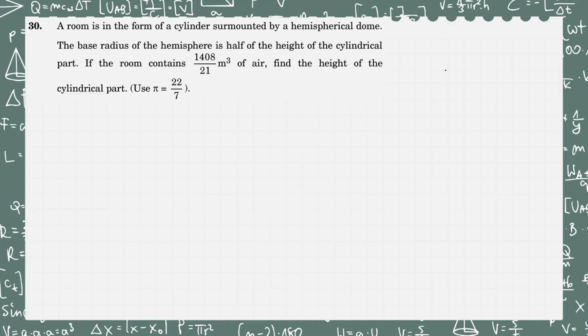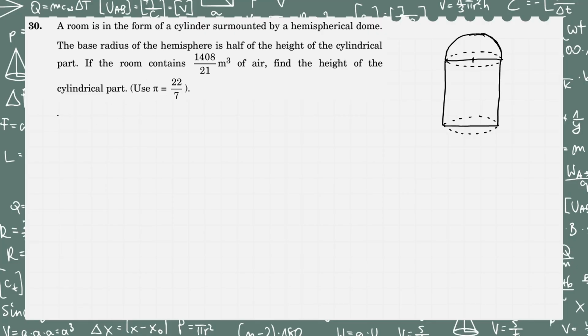So the room is in the shape of a cylinder surmounted by a hemisphere. This is the shape of the room as given in the sum. See the base radius of the hemisphere, which is this length, that is half of the height of the cylindrical part, they are saying. What do you mean by this?